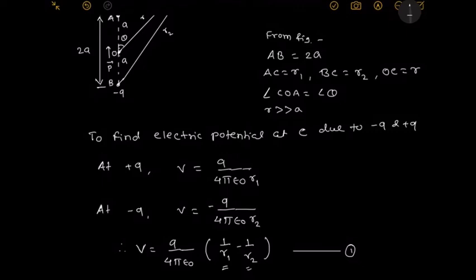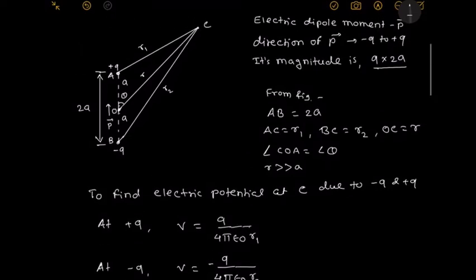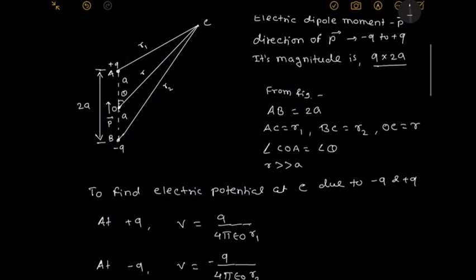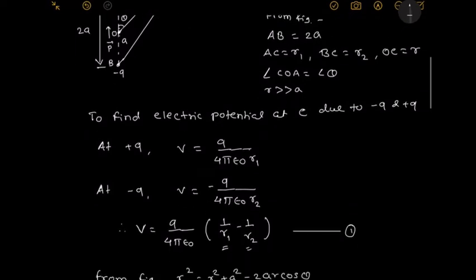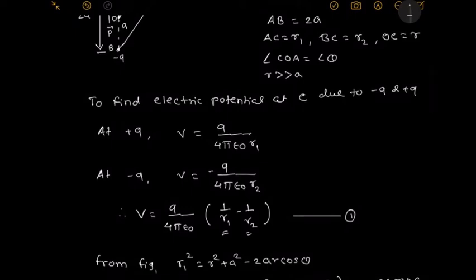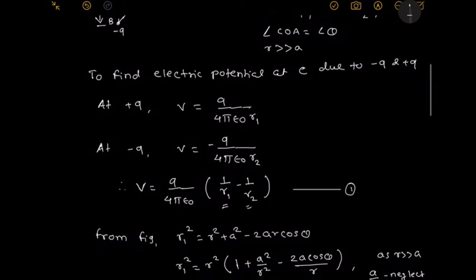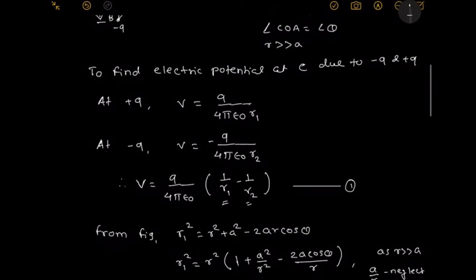In that equation, we find the value of 1 by R1 and 1 by R2 by using the geometry. In that geometry, we define R1 square and R2 square. R1 square is equal to R square plus a square minus twice a R cos theta. Now simplify that equation on one side, take common R square and rewrite the equation.